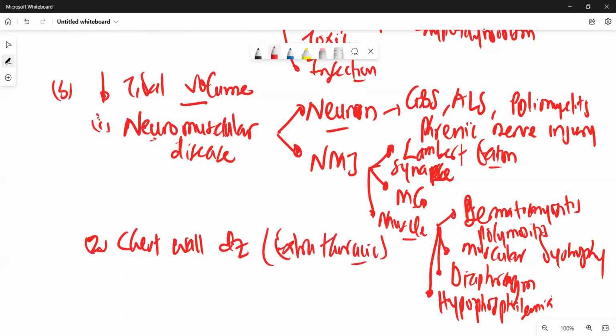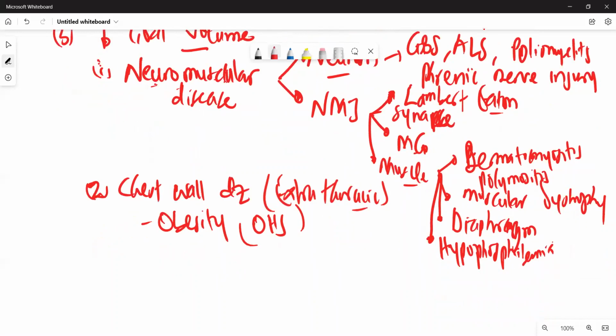Under extrathoracic would be obesity. So we have something called obesity hypoventilation syndrome. That also falls under hypoventilation, because it can prevent them from bringing in enough tidal volume, and as a result they can have hypoventilation and retain a lot of carbon dioxide.